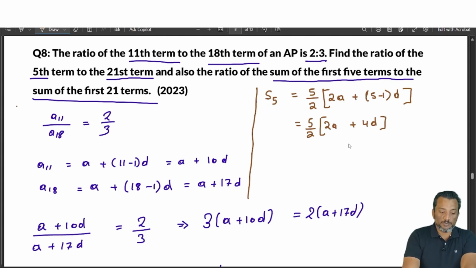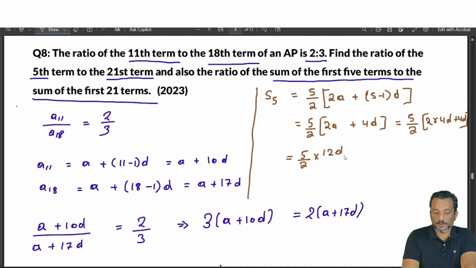Now again, in place of 2a, you can substitute 4d, so you can say 5 over 2 times (2 times 4d plus 4d). Okay, so you will get 5 over 2 times (8d plus 12d), so you can cancel this, and you will get the sum of the first 5 terms is 30d.